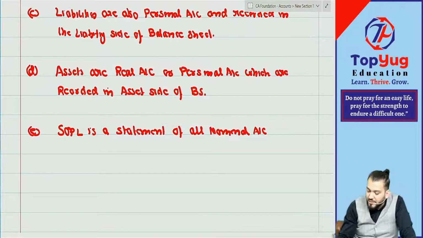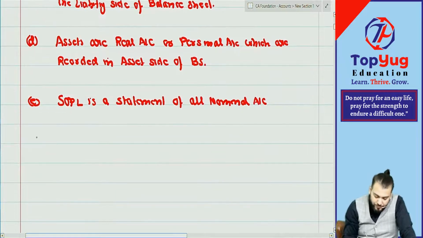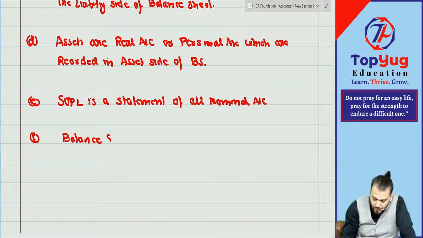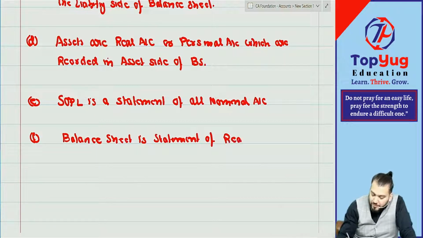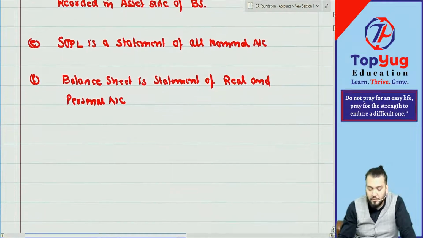So SOPL is a statement of all nominal account, and we can also conclude that balance sheet is a statement of what? Statement of real and personal account. Correct? Understood?